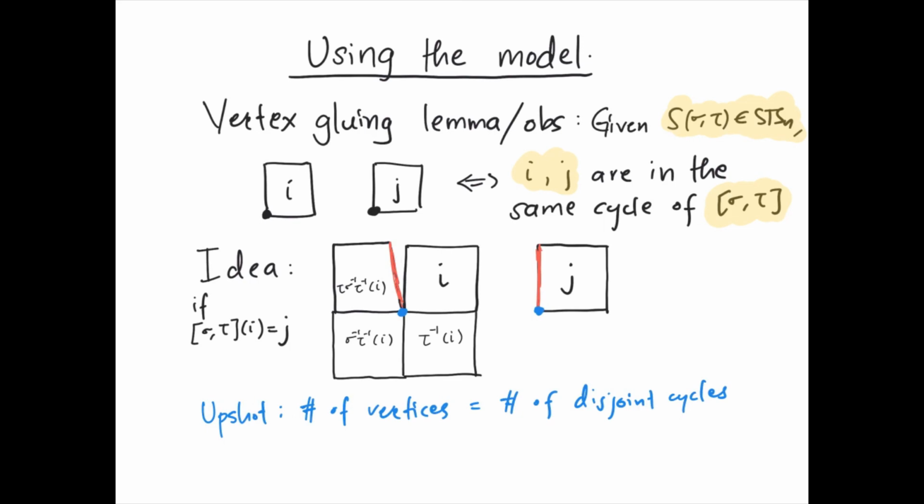So for instance, if i was actually a fixed point, in which case i is equal to j, then what you would get is this red edge, which I'm now going to label green, will be glued to the left of i, right? So this would close up, which means that the angle around this vertex is in fact 2 pi.